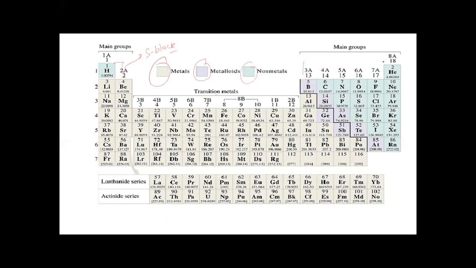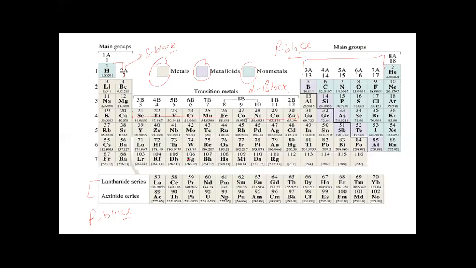These six groups are known as the p block, and these 10 groups are known as the d block. The two horizontal rows below the periodic table are known as the f block. Okay, this is a small f.